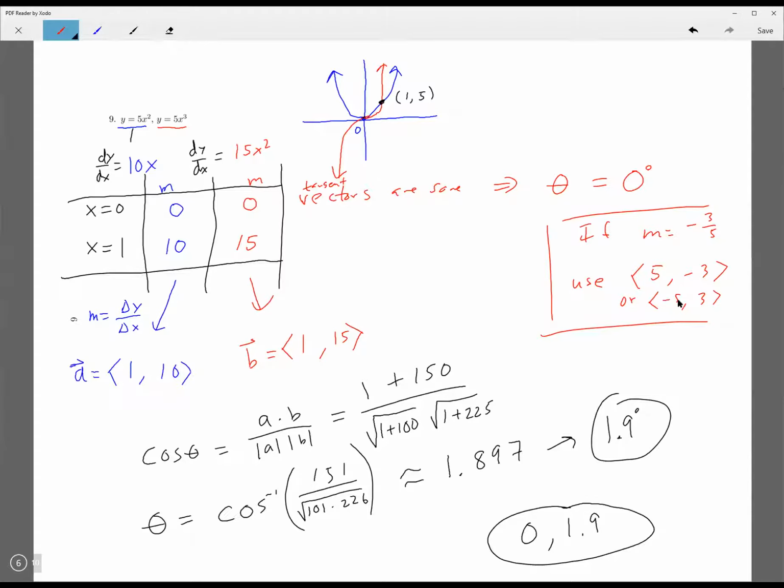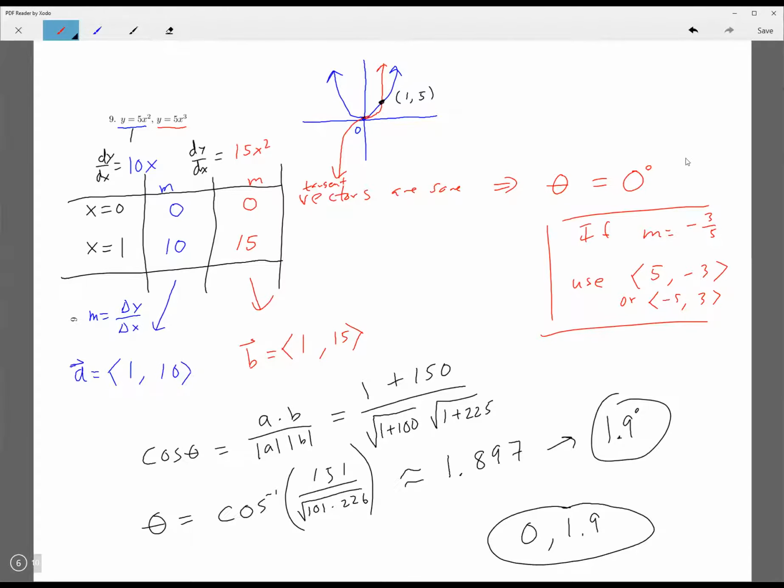One of those two will work, because they're pointing in opposite directions.